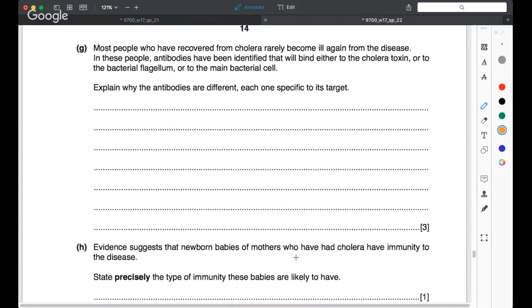Thus, they have different DNA which codes for different antibodies.